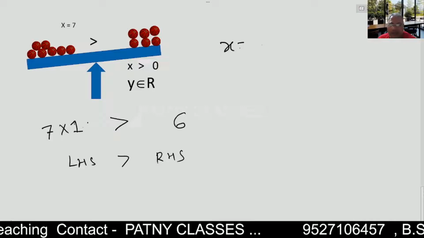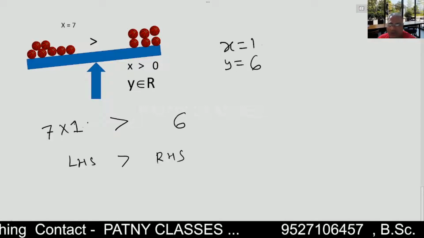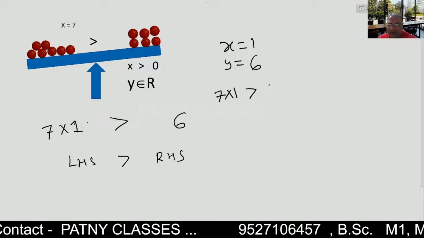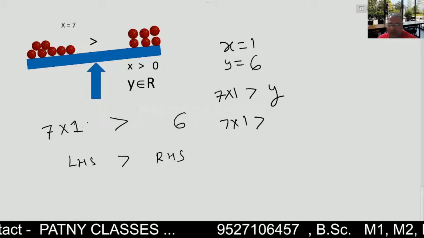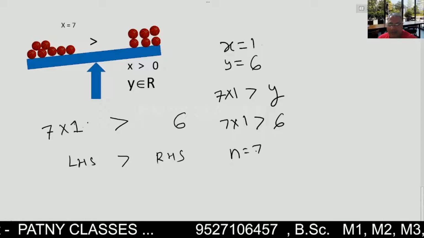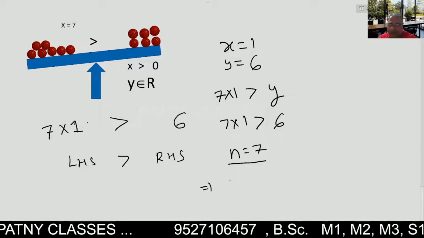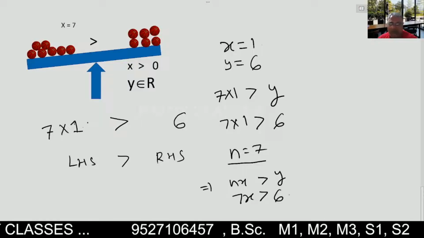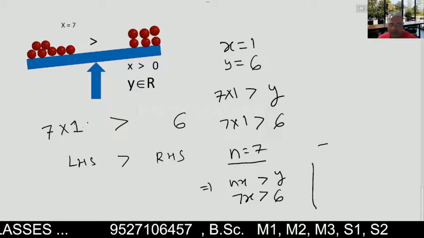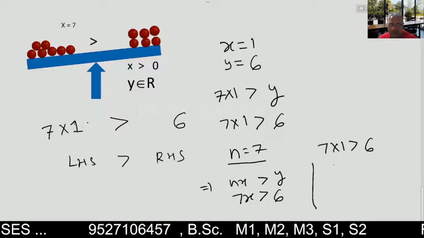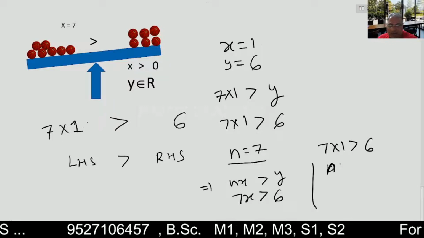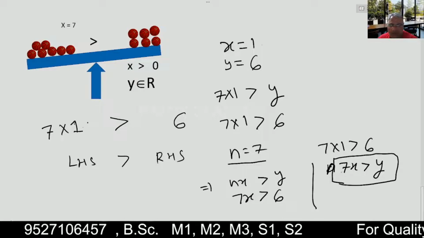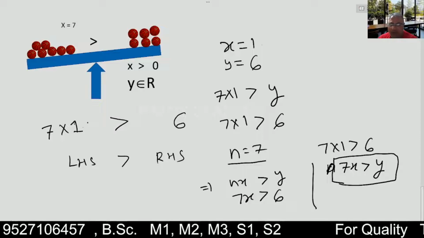At the beginning x was 1 and y was 6, but when 1 is multiplied by 7, it became greater than y. 7 into 1 is greater than 6, n equals 7, implies nx greater than y. In general, I can write 7x greater than y. This is nothing but the outcome of Archimedean property of real numbers.